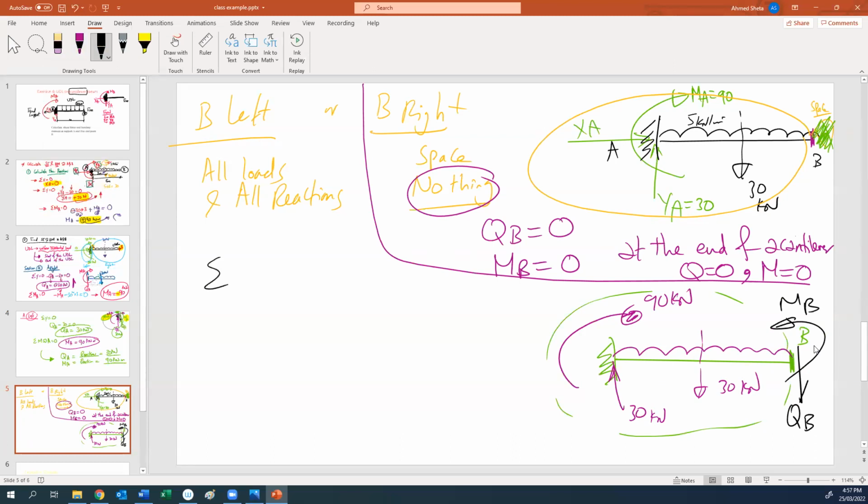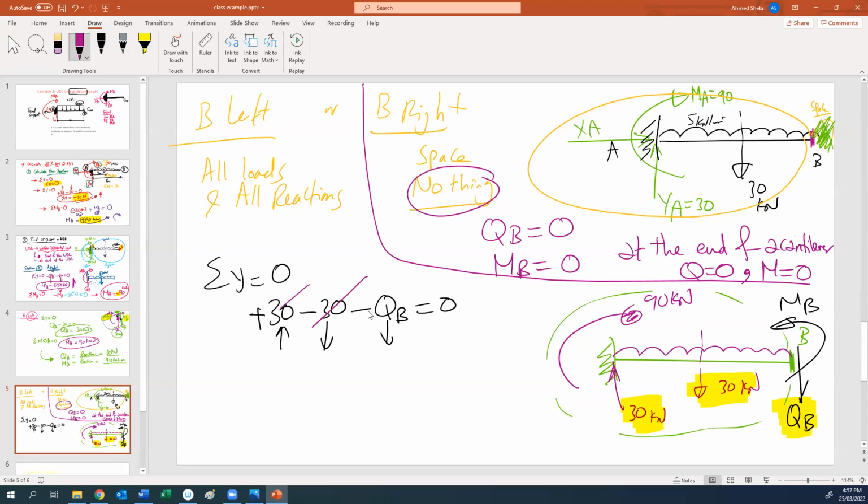To find QB, if we apply summation of y equal to 0, how many forces in y direction? 1, 2, 3. Is that right? So we have 30 going up positive, minus 30 going down negative, minus QB going down, should be 0. From this equation, plus 30 minus 30, that gives us QB equal to 0.